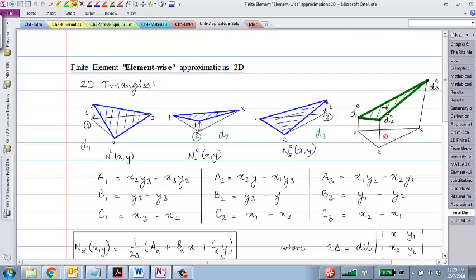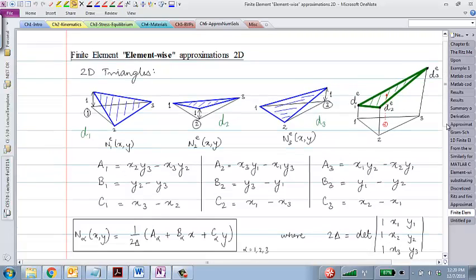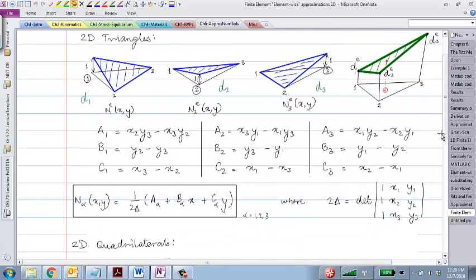And there is a bunch of derivation here of how to construct these shape functions. Basically, you can see that these would first of all be linear functions in x and y, and a linear function means that there will be three unknown coefficients, a, b, and c.